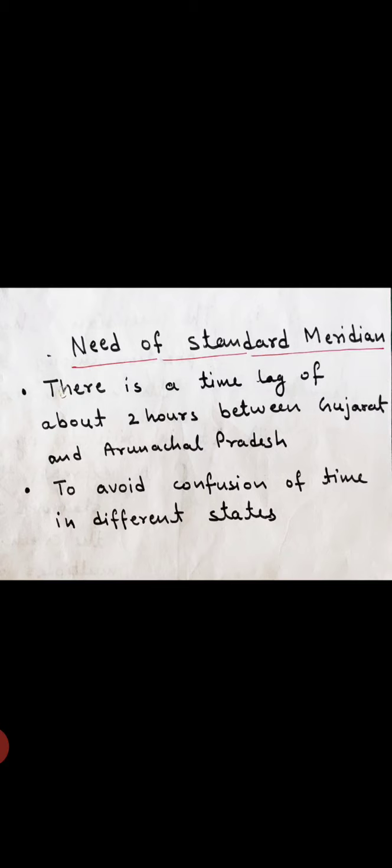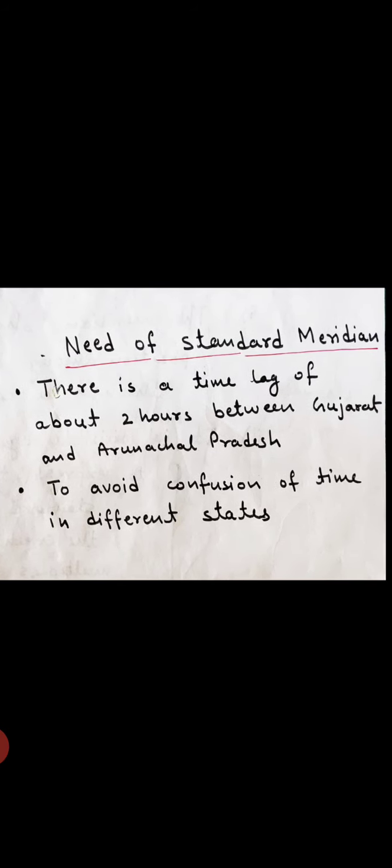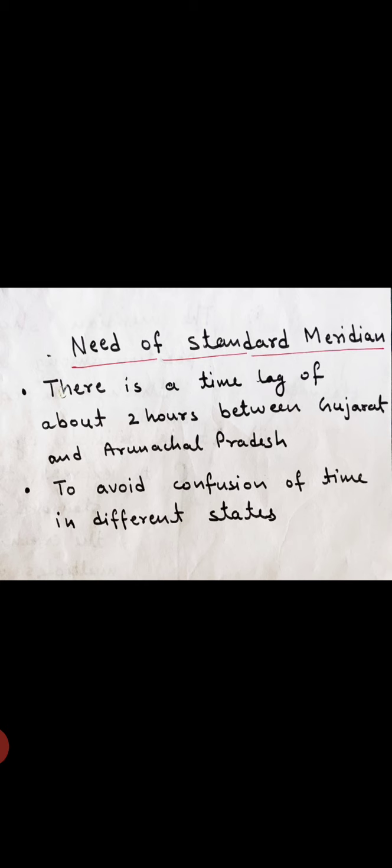It is nearly 30°, and because of this extension, the time lag between Gujarat and Arunachal Pradesh is 2 hours. So, to avoid the confusion of time in different states, we have to select a standard meridian.